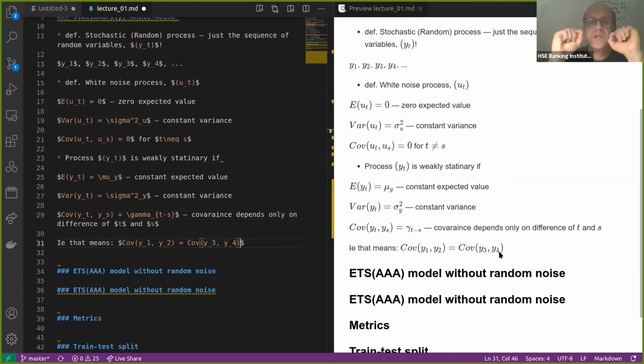So two adjacent indicators today and tomorrow may be linked. That's not prohibited in a stationary process. They may be linked, but covariance of y1 and y2, there is exactly 1 day between them if we speak about daily data, so it should be equal to covariance of y3 and y4.